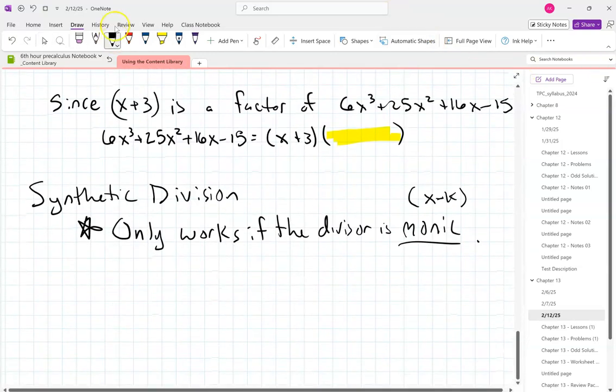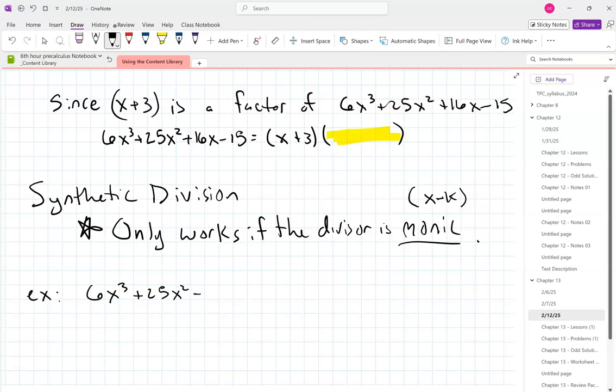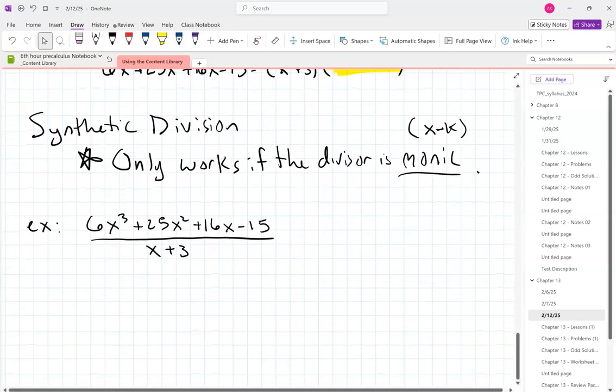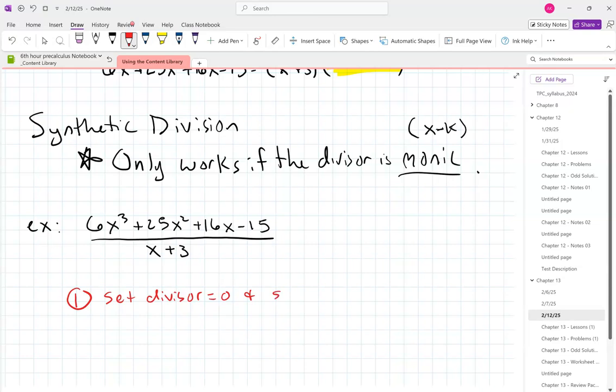So just as a reminder of how that synthetic division works, let's say again, we'll take this same polynomial we've been working with in our examples here, and this same division problem. So what I do is I start by taking the divisor, I set it equal to 0, and then solve.